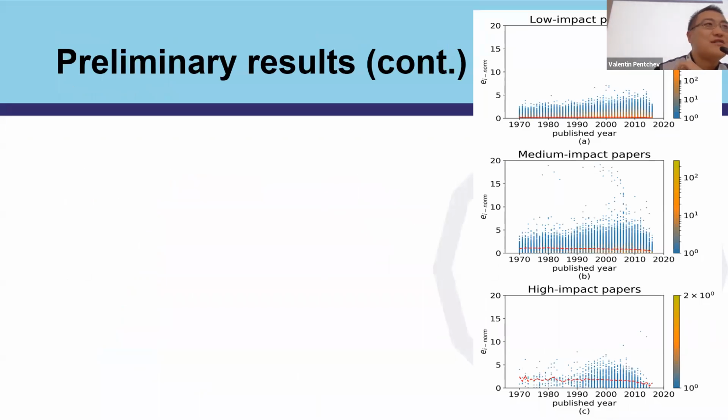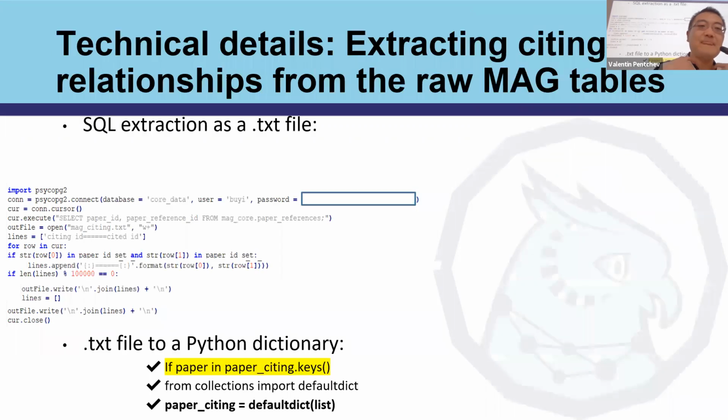And this figure shows that such a pattern doesn't change over years. For instance, regardless of high, medium, or low impact papers, the pattern doesn't change over years. Like papers published in the 1960s, 1980s, 1990s, and 2000, such a pattern doesn't change.